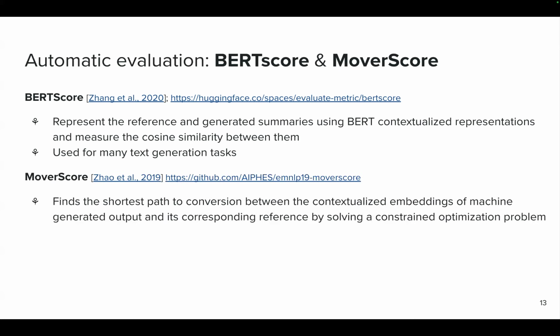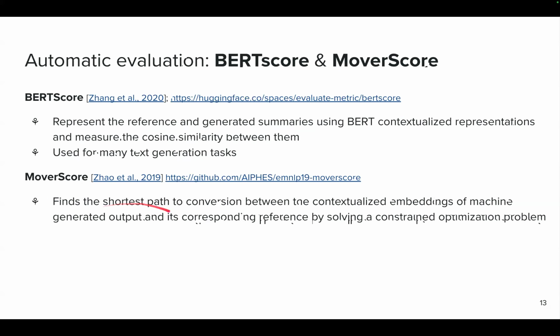There is another version of this which is slightly more complicated, and you will see it sometimes reported, but a little less, maybe because BERTScore has just gained a lot of attention in the community. Another thing that people have tried is MoverScore, where again you represent your reference summary and your generated summary using, let's say, BERT. So you get two vectors, one for the generated summary, one for the reference summary.